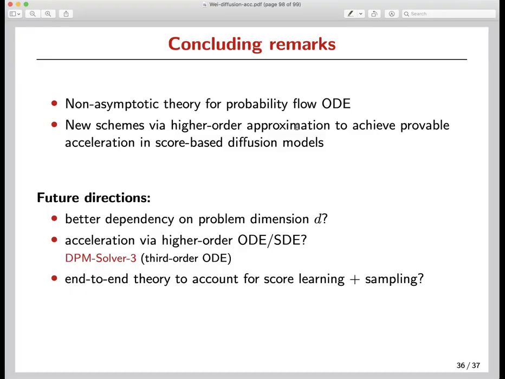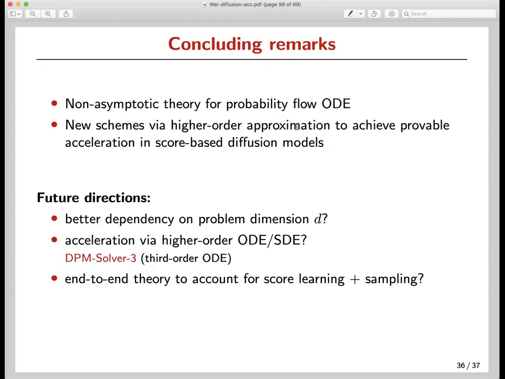As several future directions, we are interested in how to get better dependence on the problem dimension d. Also, we think that acceleration via high-order approximation for ODE or SDE could be a very interesting direction to pursue.